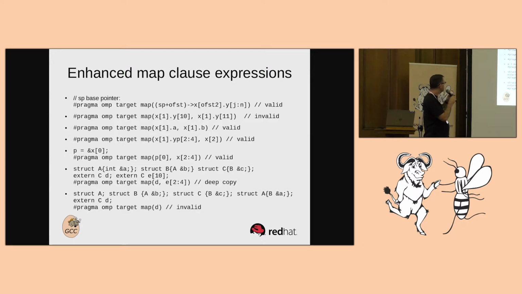So these are examples of what you can and can't do now in the map clauses. For instance, there is a pointer plus offset which should be remapped virtually to an address like sp[offset].x, and so this does pointer attachment to sp. Well, it starts from the end, of course, maps the array section, then maps an element.